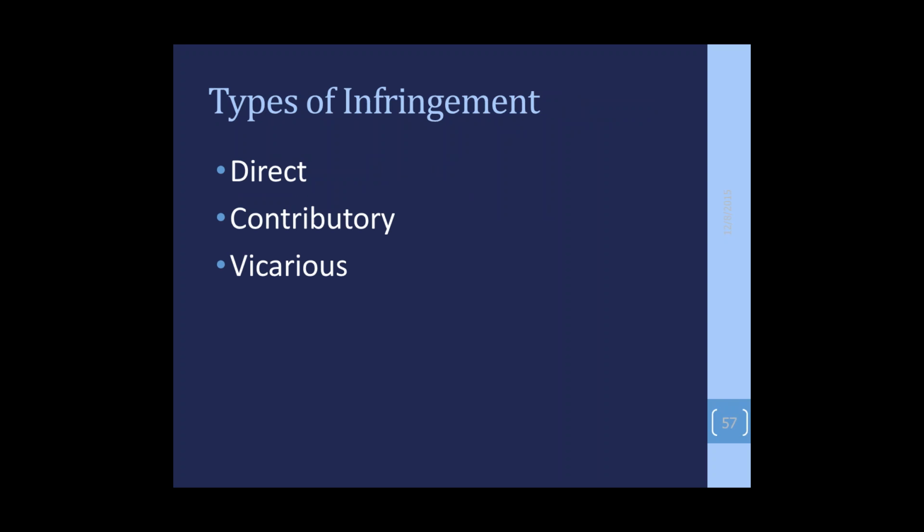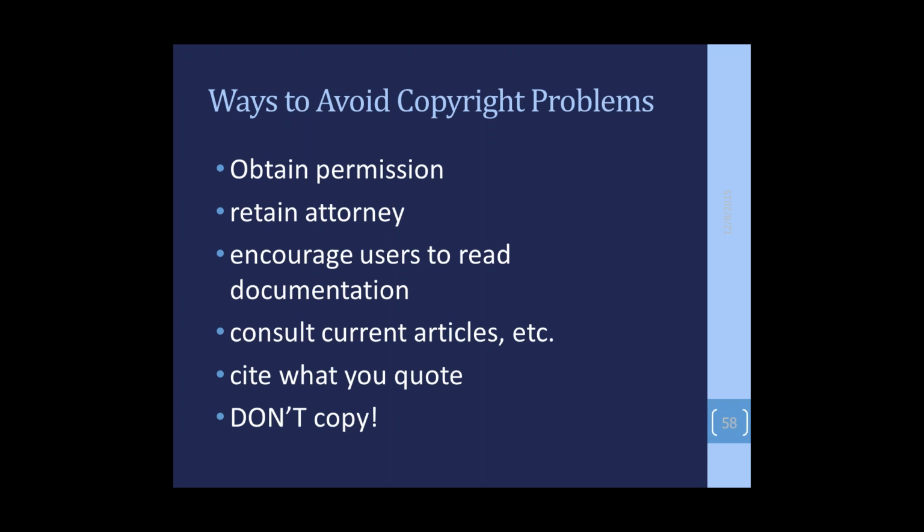You may be in that process of helping someone else get something in an illegal manner. Vicarious is when, let's say, your supervisor, your administrator tells you to do the copying and you feel you need to do it. So those are three types of infringement that can happen.